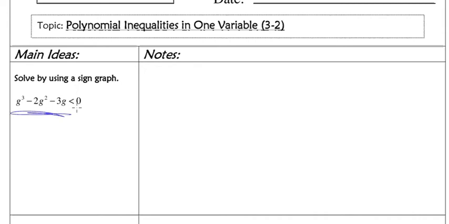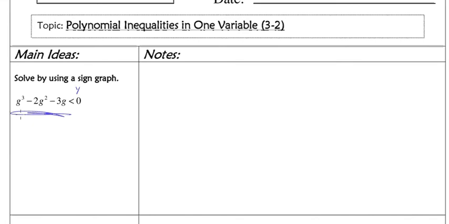It's going to be to just pretend that this is equal to y, and we're going to go ahead and graph it as though it was y, and see what happens. We'll see that sometimes the output is negative, sometimes positive, and in those areas we'll have less than or greater than 0. And so here we go.